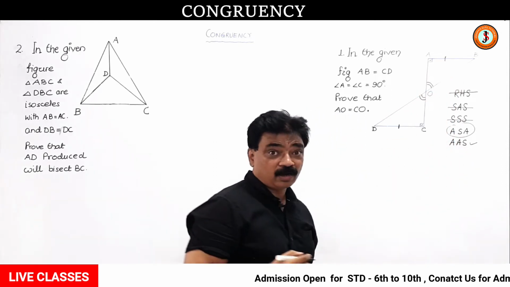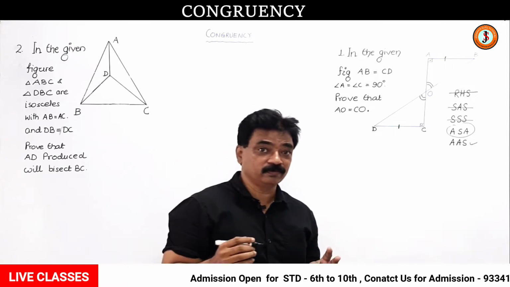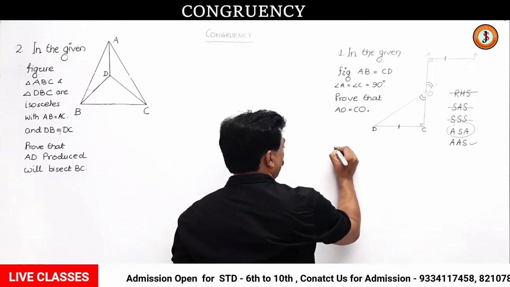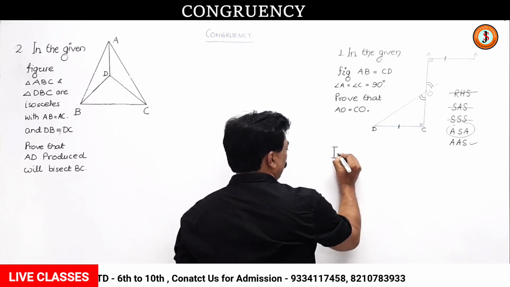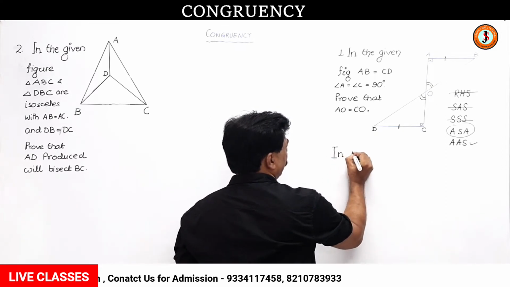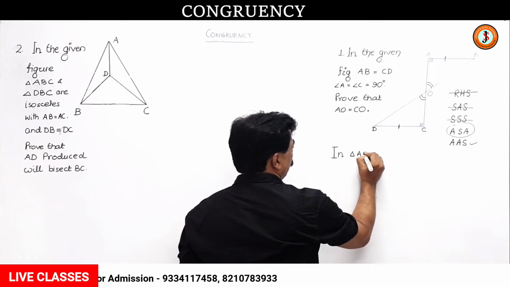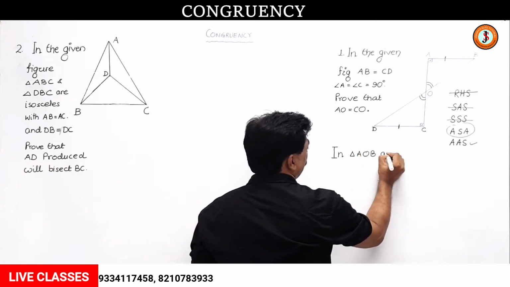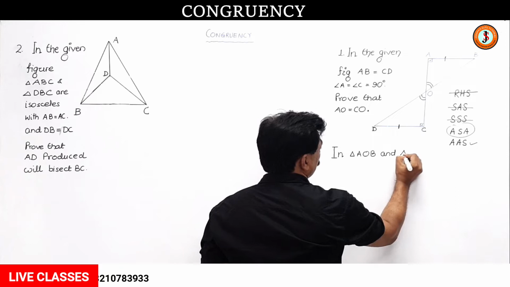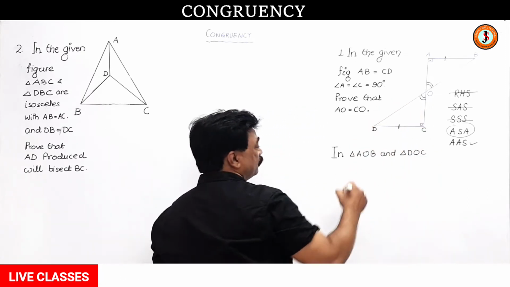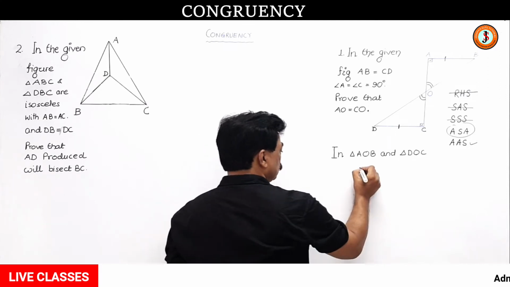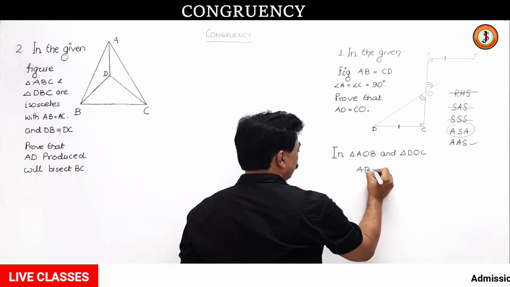Now we will write how you have to write congruency. Try to understand. Adya and Palak and Tejas, all of you have a look. In triangle AOB and triangle DOC, it is very easy. What you have marked, you have to now write. AB is equal to CD, which is given.